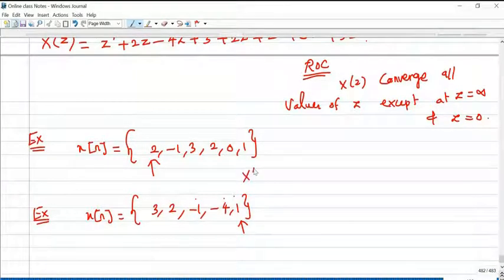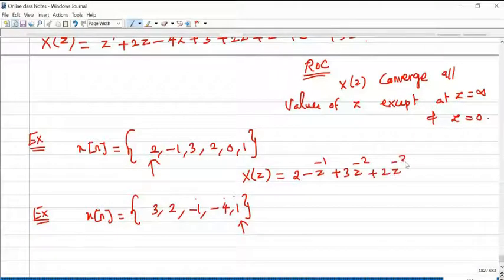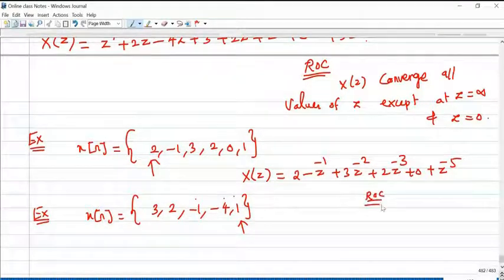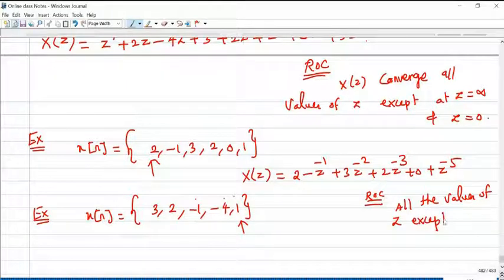So I will get the x of z terms: 2 minus z power minus 1 plus 3z power minus 2 plus 2z power minus 3 plus 0 plus z power minus 5. The answer for this, I mean the ROC, is all the values of z except z equal to 0.